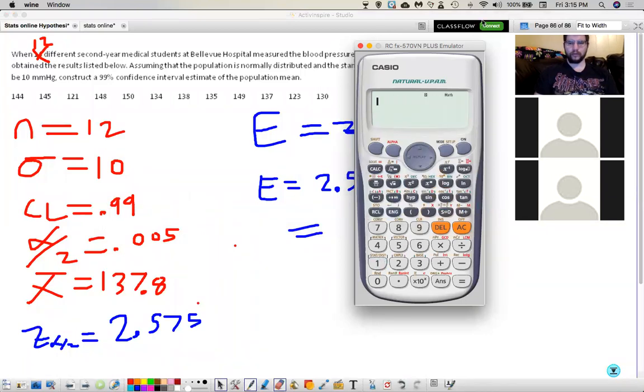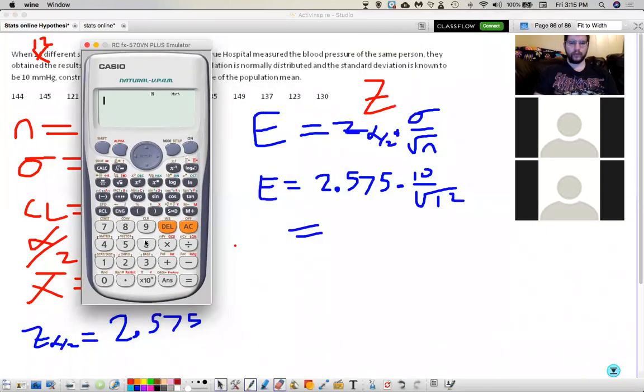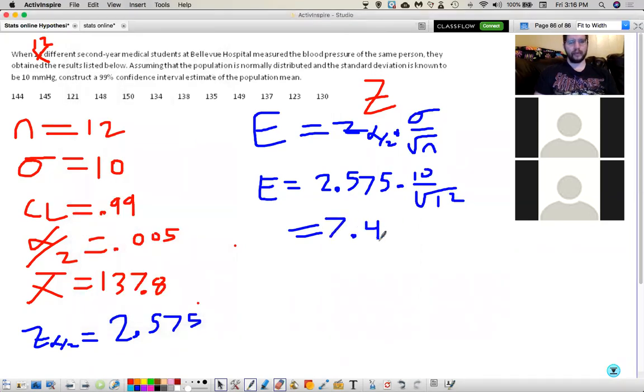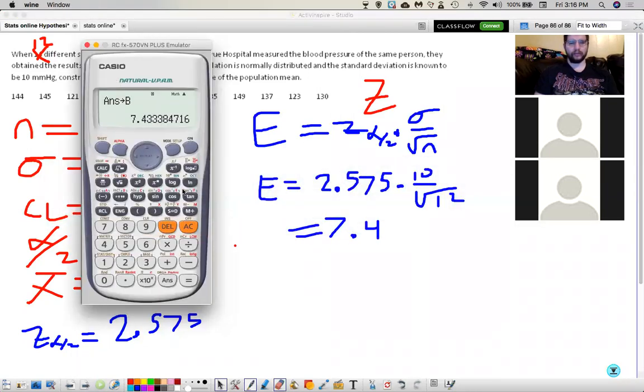Mode 1, 2.575 times a fraction 10 over square root of 12 gives me 7.4 and so on. I already have X bar saved as A, so I'm going to store this as B. But again, I'm not going to type in 7.4 in the calculator. I'm going to use the letter B.